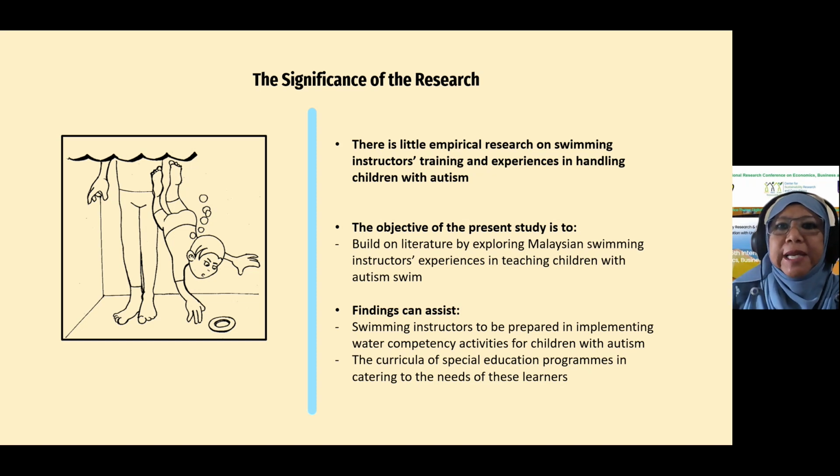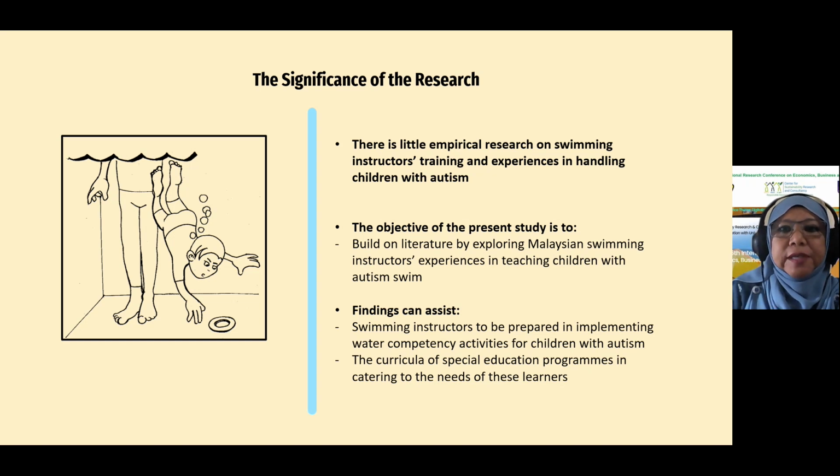The reason being that there is no specific module, there is no specific guideline to help these teachers have swimming lessons or water activities with these children, although swimming can be good for them.